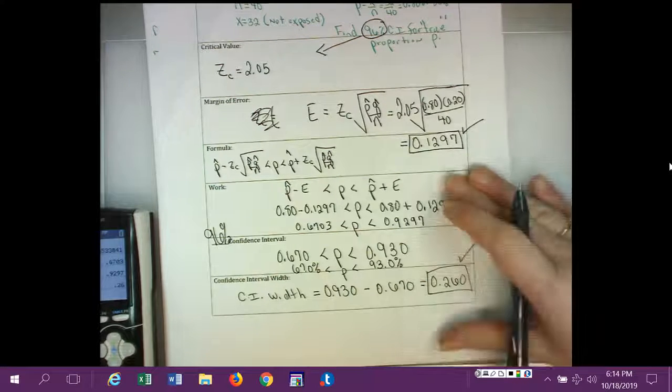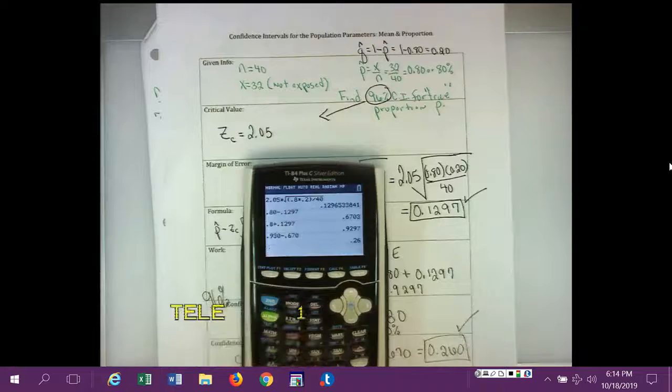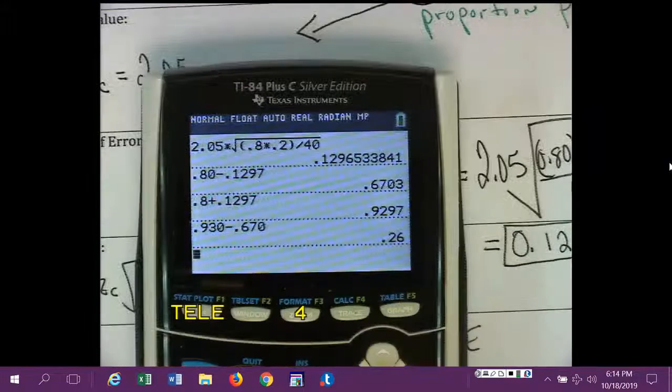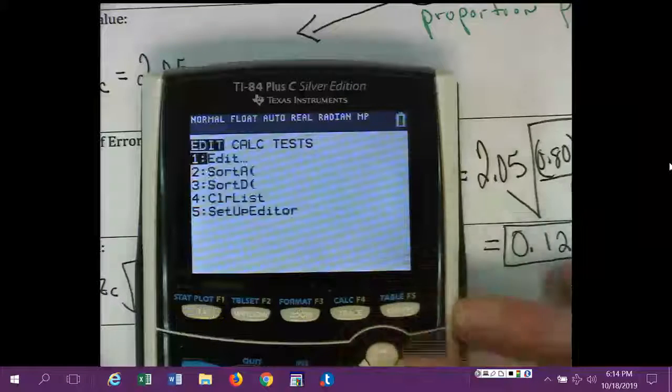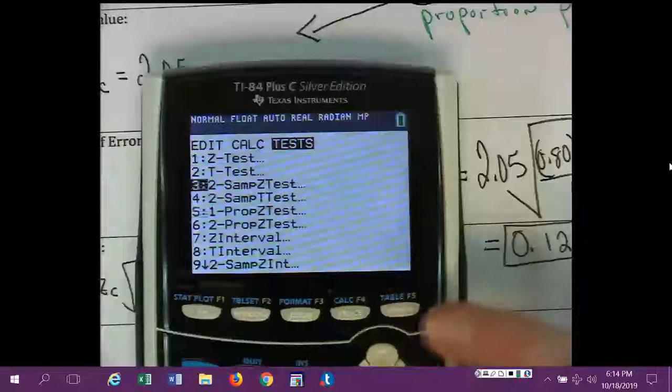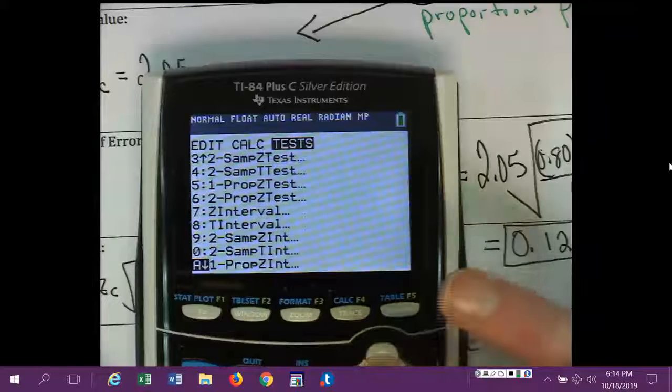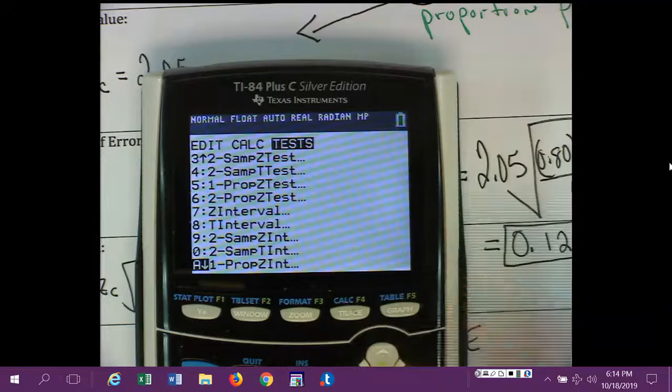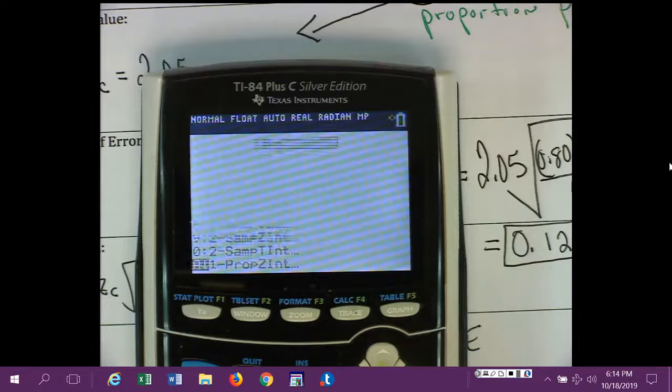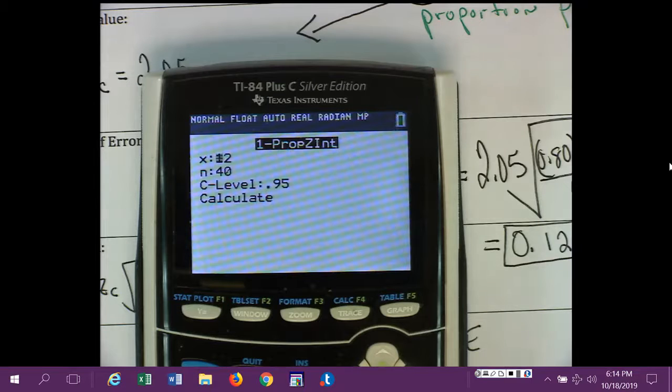Now, calculator, to verify this problem about those that were not exposed, you would go to stat and arrow over to test, scroll down till you see alpha and press enter on 1-PropZInt. We had 32 people not exposed out of 40, and it was a 96% degree of confidence. 32 out of 40.